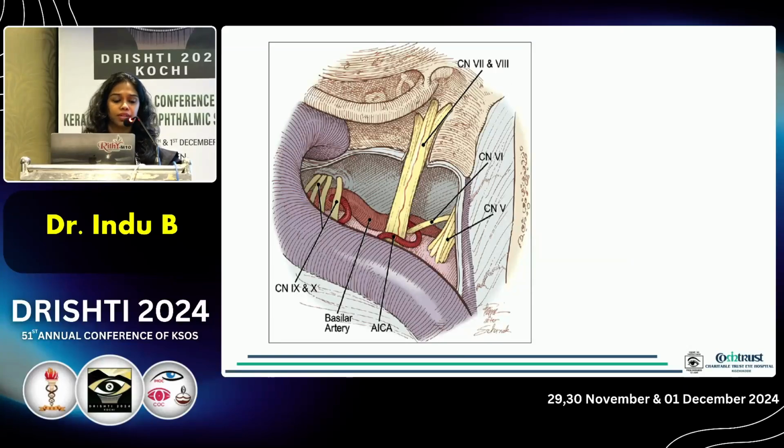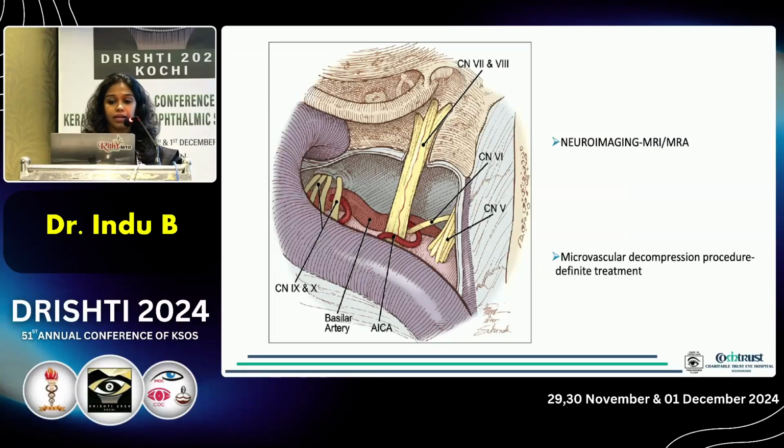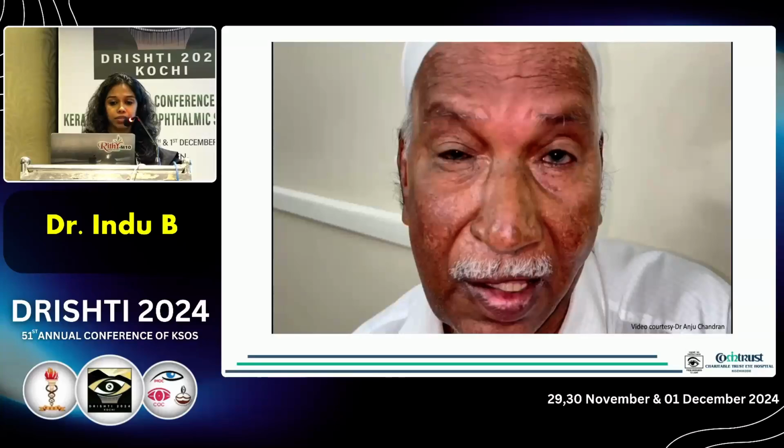Very infrequently, in less than 1%, it is due to posterior fossa tumors. So neuroimaging, MRI with MR angiogram, is very essential, unlike blepharospasm. And the definitive treatment is microvascular decompression.